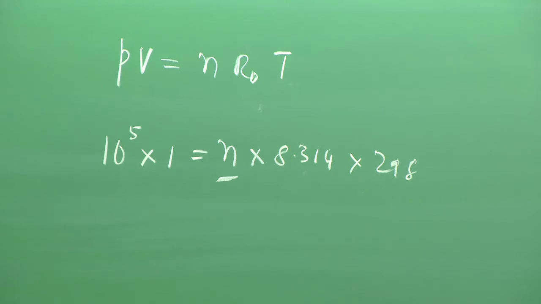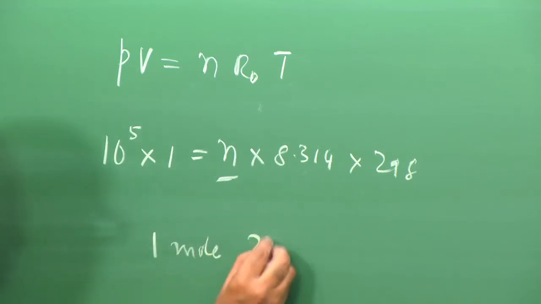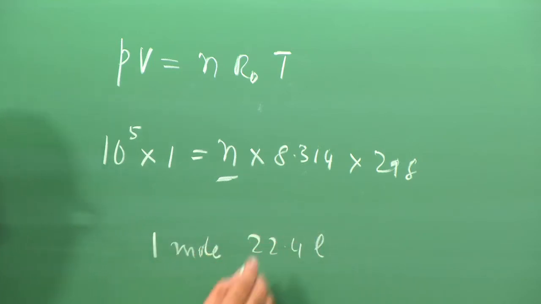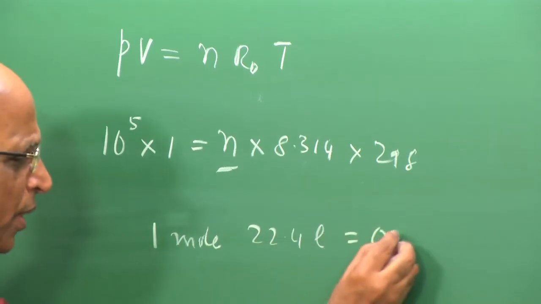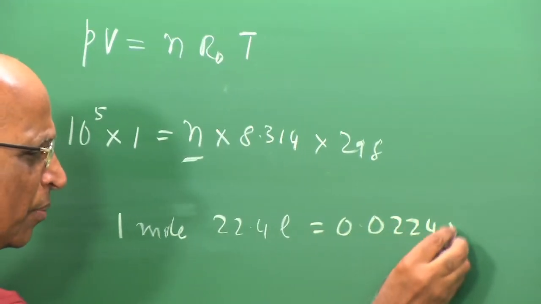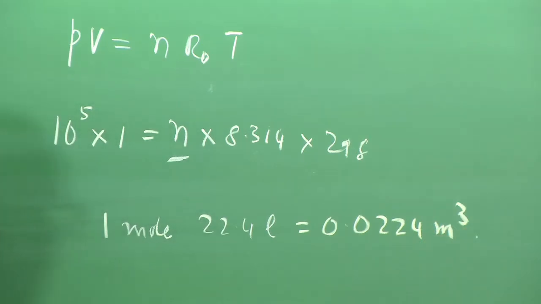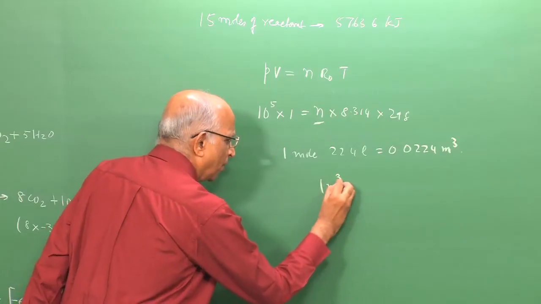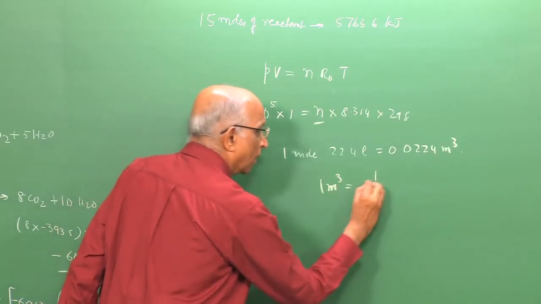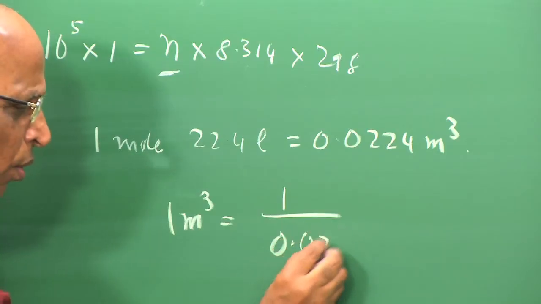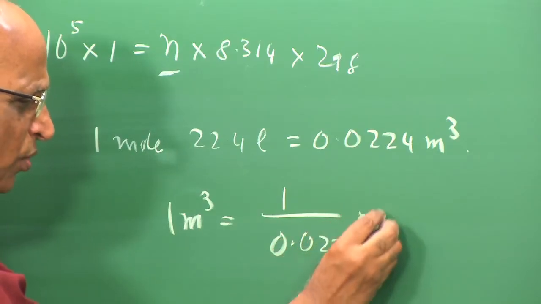From this equation I calculate, or alternatively we also know that 1 mole of any gas, as long as it is an ideal gas, at standard temperature and pressure has a volume of 22.4 liters, which is equal to 0.0224 meter cube, and therefore 1 meter cube will contain 1 over 0.0224 number of moles.